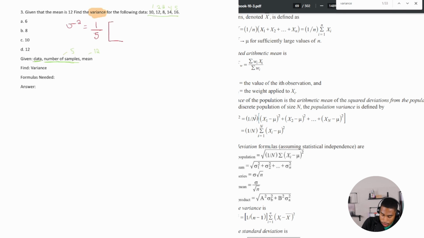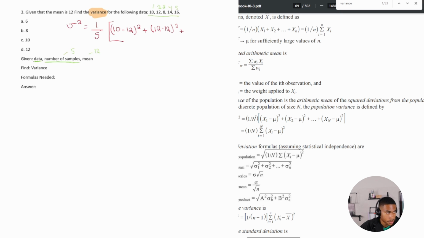It's 10. It's the first value. Minus my mean, 12. And then square that. Plus, what's my x2? 12 minus 12. My second value was 12, and I'm subtracting 12, and then I'm squaring it.